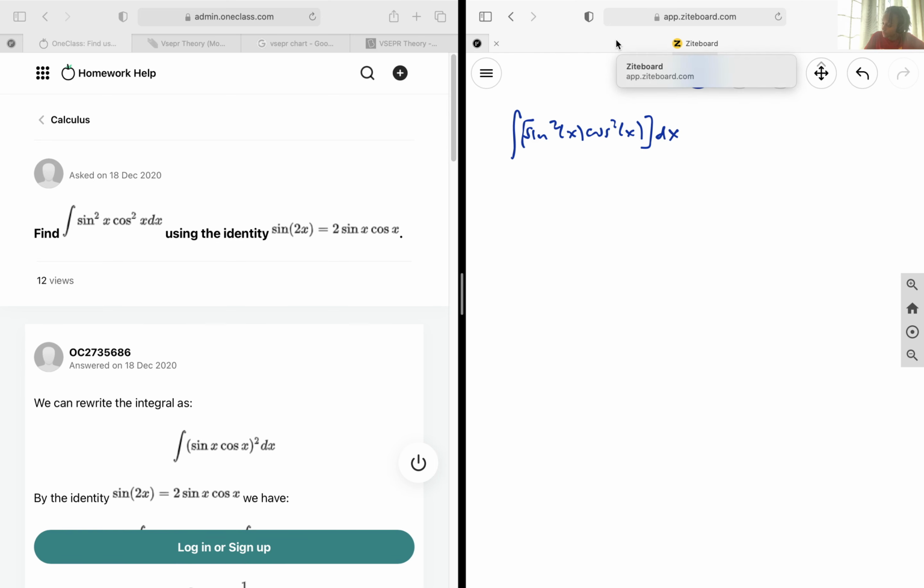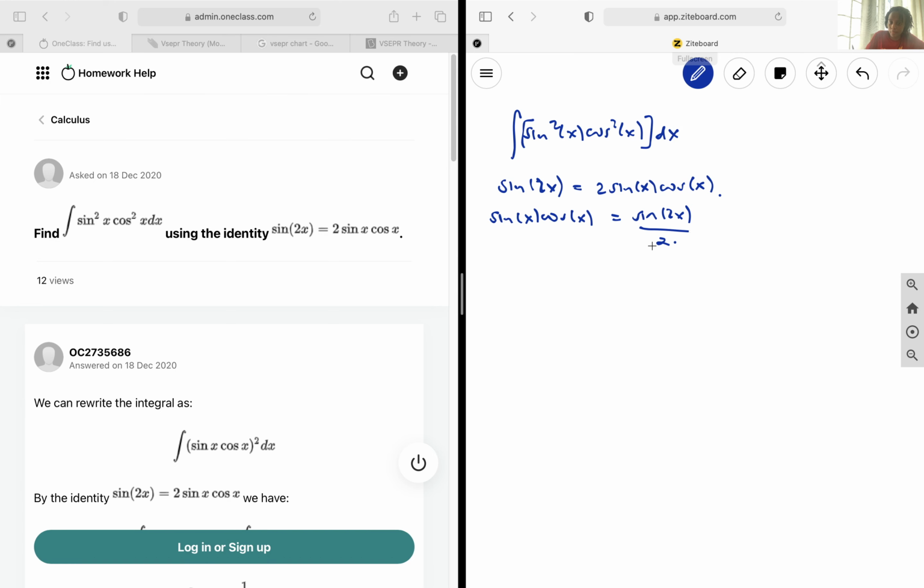So initially we're going to use the double angle formula stated here: sine 2x is going to be equal to 2 sine x cos x, which means that sine x cos x is equal to sine 2x over 2. And that means that sine squared x cos squared x is equal to sine squared 2x over 4.